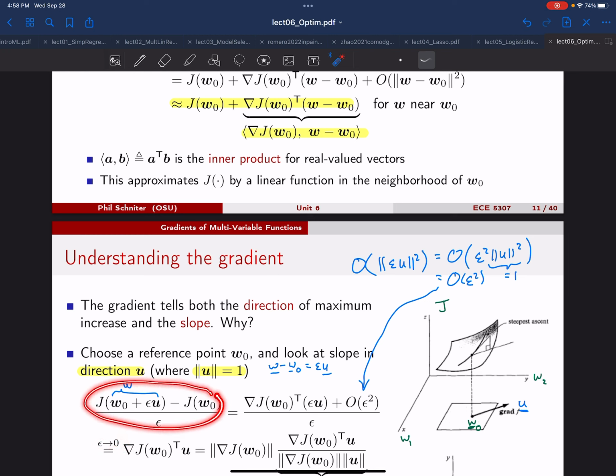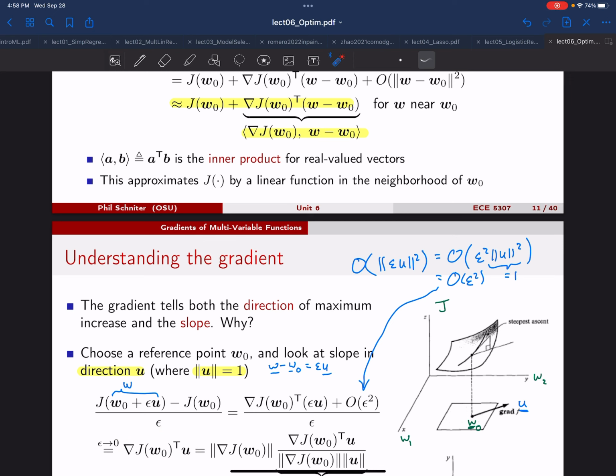We want to evaluate this for vanishingly small epsilon. We want to take a tiny step in U and see how much things increase. So we're really interested in what happens as epsilon goes to 0. Well, as epsilon goes to 0, this term vanishes, because it's order epsilon, and epsilon goes to 0, so that goes to 0. So that term vanishes, and all we're left with is this.